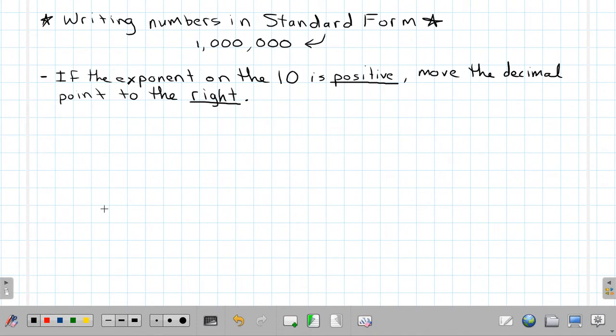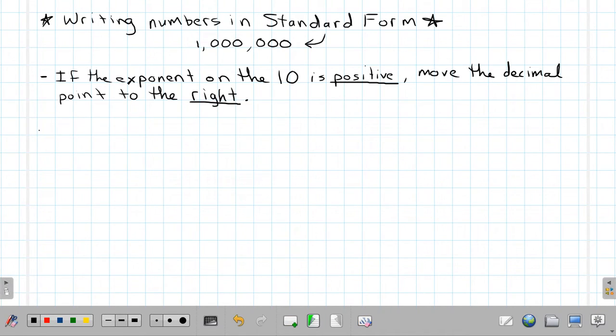This is something that you're going to have to remember, and I'm going to give you a little way that you can remember this pretty easily. But once again, if the exponent on the 10 is positive, you move the decimal place to the right.